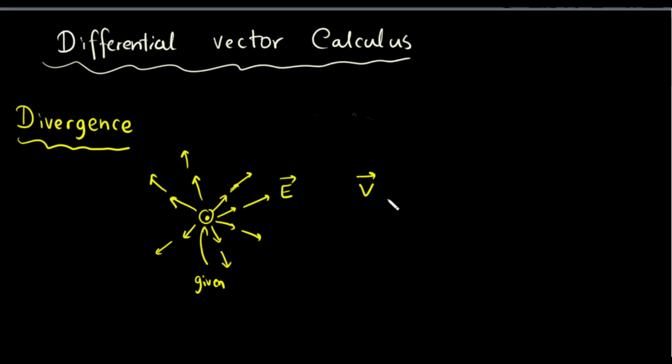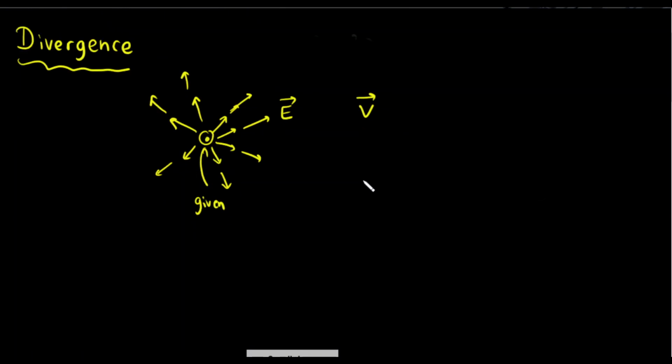So now I'm going to find a general expression for this divergence. I'm going to define the divergence of a vector field. What I have here is the del operator, which I denote in this way. I'm going to take a dot product with the vector V, or you can say vector E or something like that.